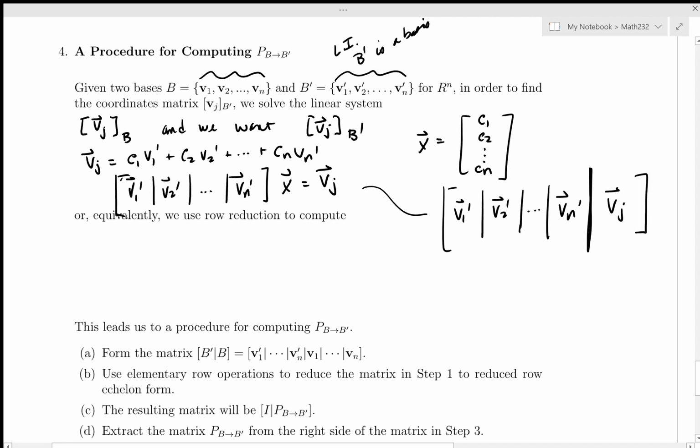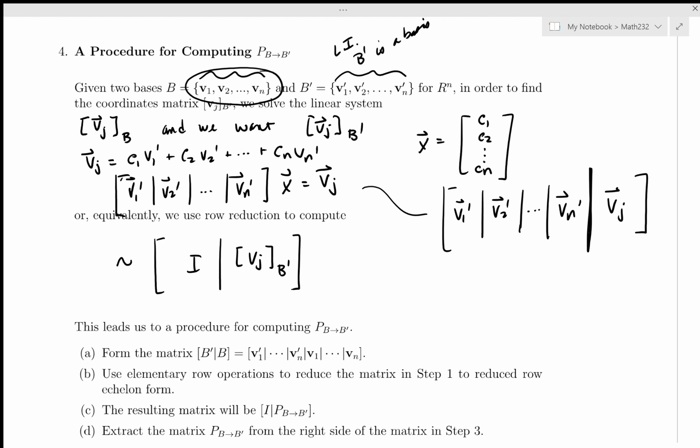We row reduce that down, and we'll get to the place where we have I, and then the last column will be Vj referenced to B prime. So now we've done one of them. We have n of them, and we've done the jth one.